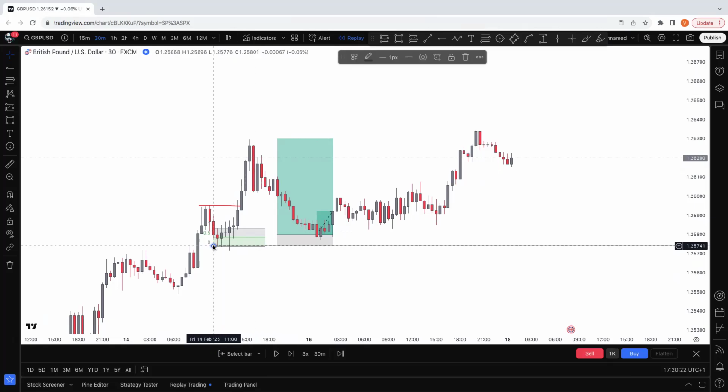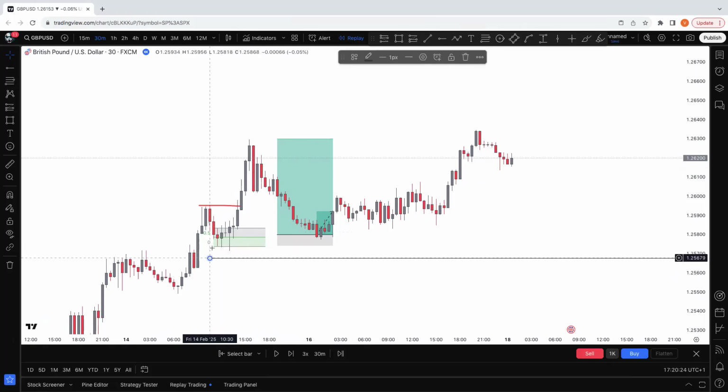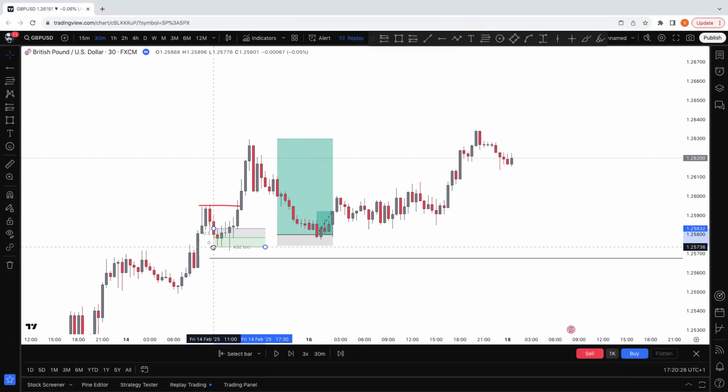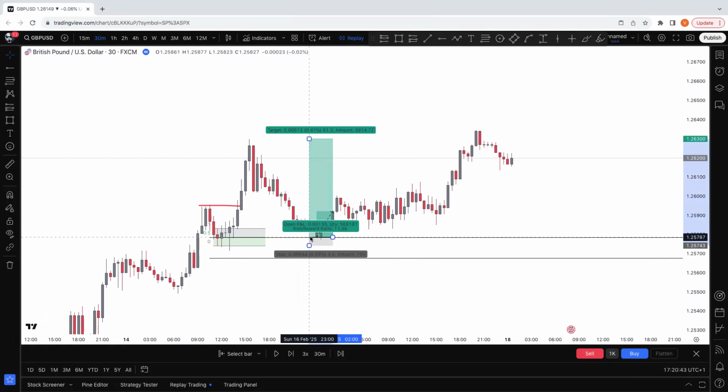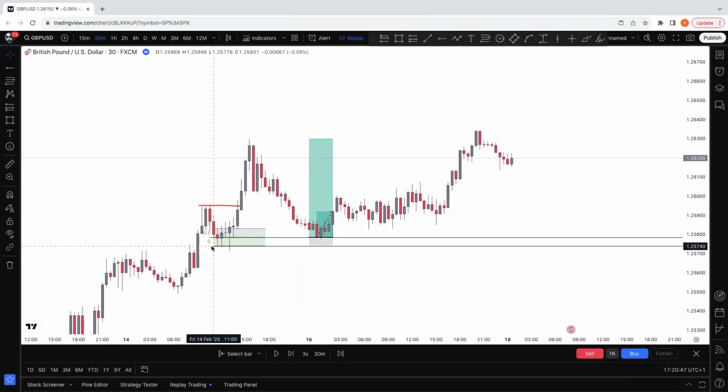Using your Fibonacci tool, you measure from the top of the candle down to the bottom of the candle, and then the middle line here will be your 50% zone. So that means you're going to place your buy position here. You see that this is our buy position and this is the end of the candle.